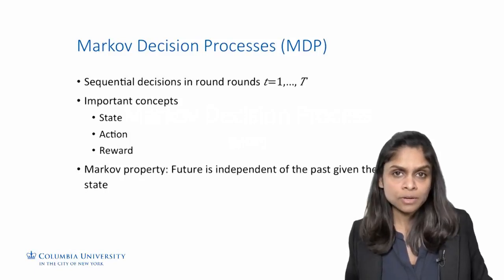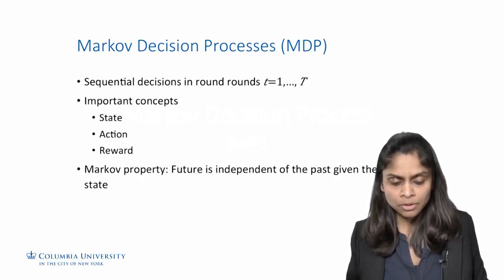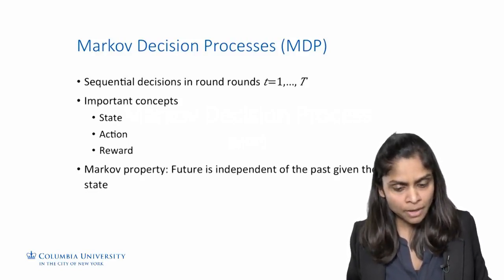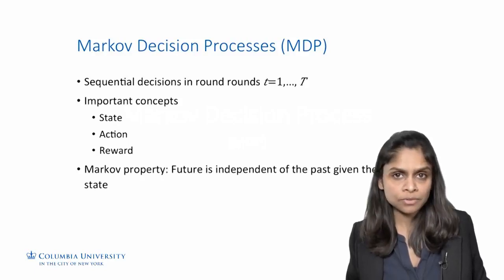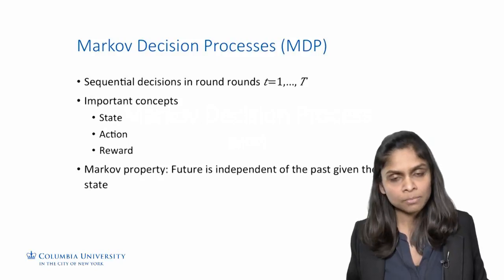A Markov decision process, or MDP, is a formal model of sequential decision making which proceeds in discrete rounds. In every round, all the relevant information from the past is captured in the state of the process. The definition of state depends on the problem.